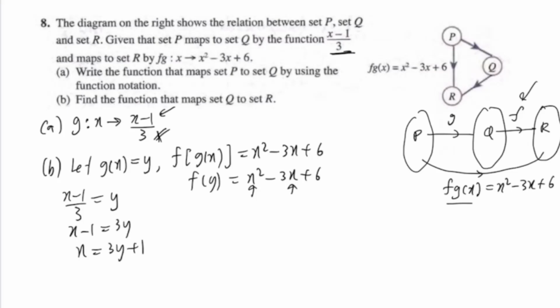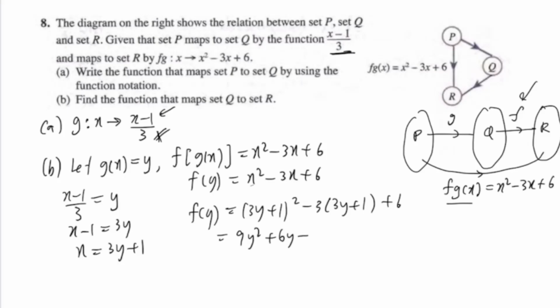Now let's take this and substitute inside your f. So when I substitute, f(y) is now (3y plus 1) squared minus 3 times (3y plus 1) plus 6. Let us expand the bracket. You get 9y squared plus 6y plus 1.